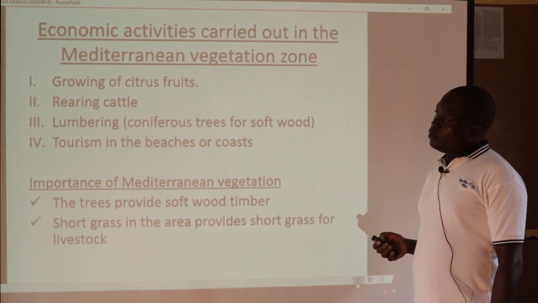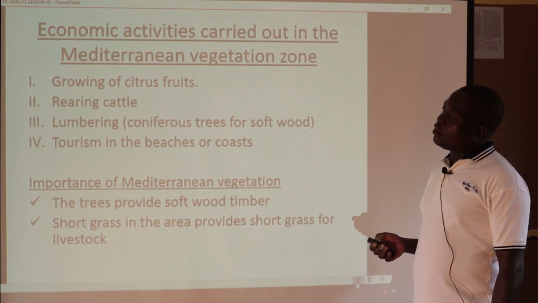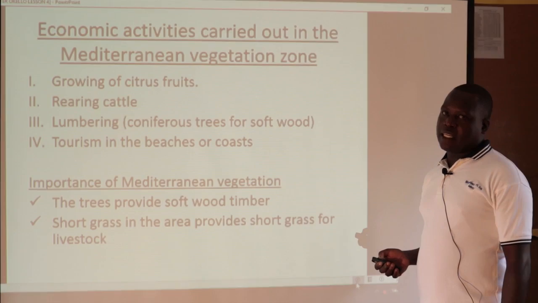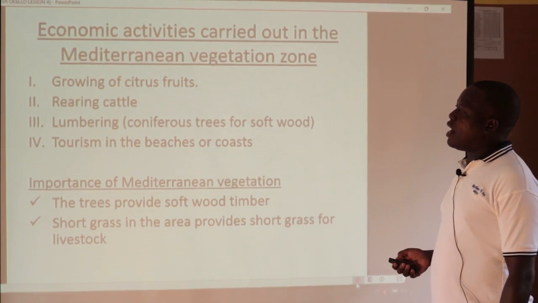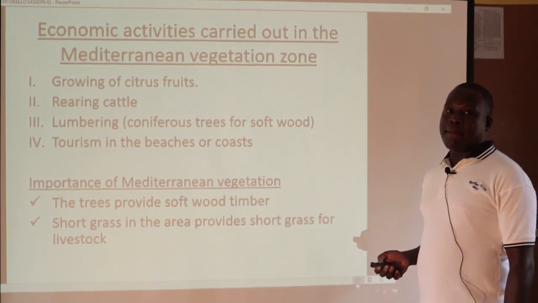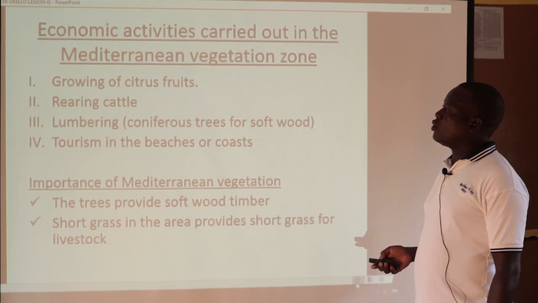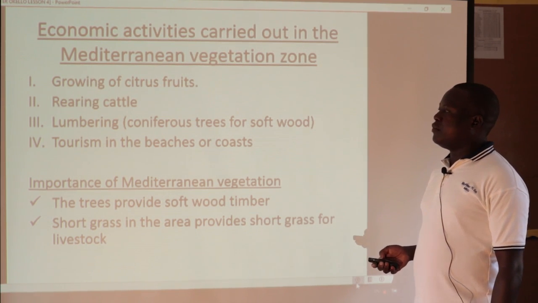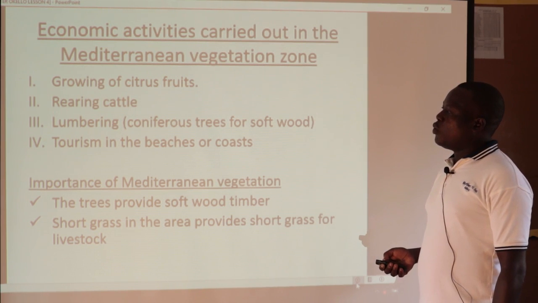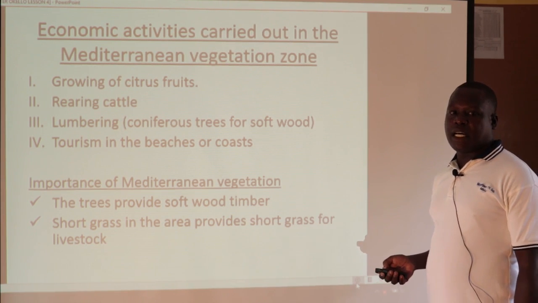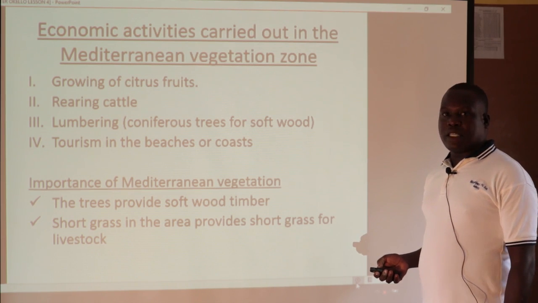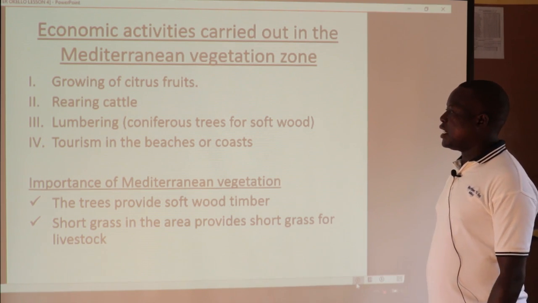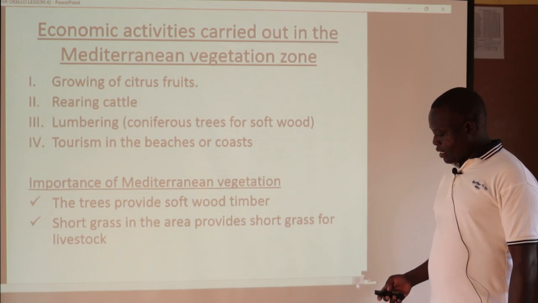Sometimes children want to write cattle rearing. I think that word may not sound so good, it is rearing cattle. We have lumbering, and this lumbering is done on coniferous trees which provide softwood. We also have tourism, since these countries have beaches around the coasts. Those are some of the economic activities carried out in such areas.